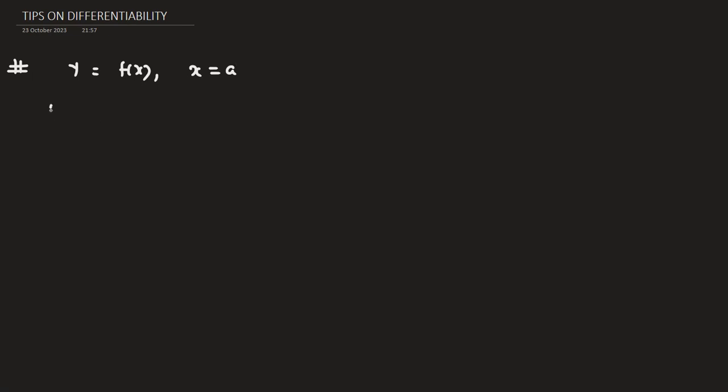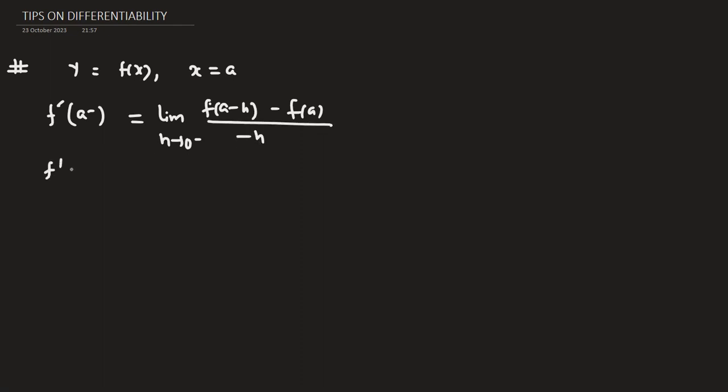All of you are aware of the left hand derivative of the function. It will be f dash a minus, which is equal to limit h tends to 0 minus, f of a minus h minus f of a, divided by minus h. The right hand derivative f dash a plus is limit h tends to 0 plus, f of a plus h minus f of a, then whole divided by h.